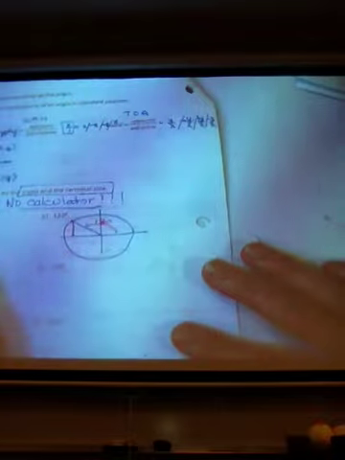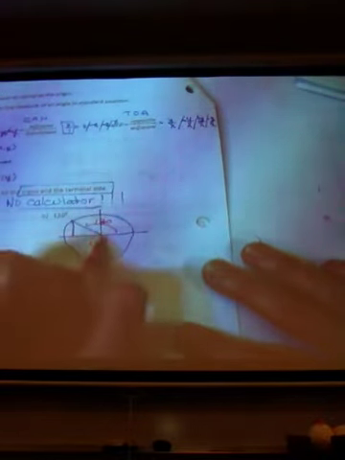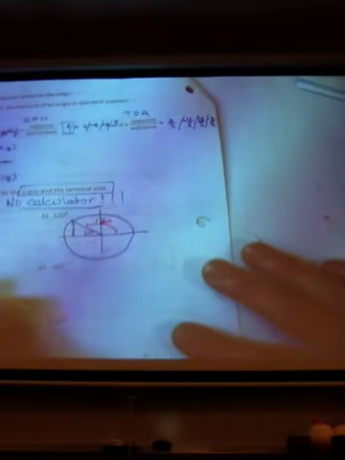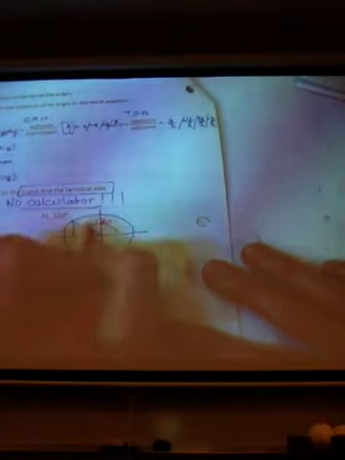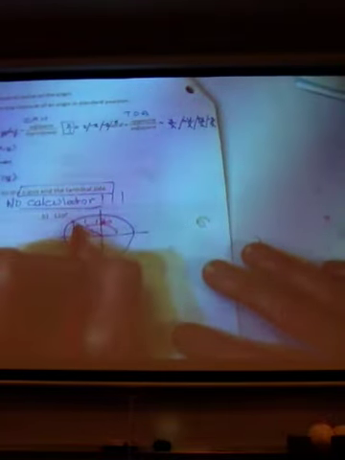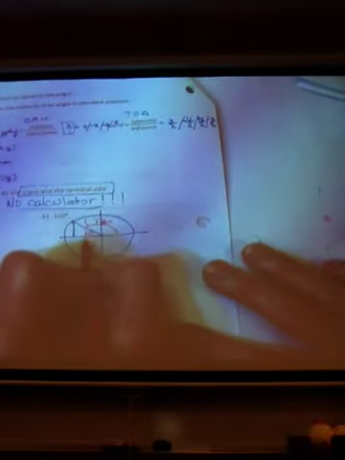This is 120 degrees. My reference angle is formed by the x-axis and the terminal side. So what is this measurement right here? 60. Okay? So this is 1. So where's my short leg? On the bottom. And this is the longer leg, radical 3 over 2.